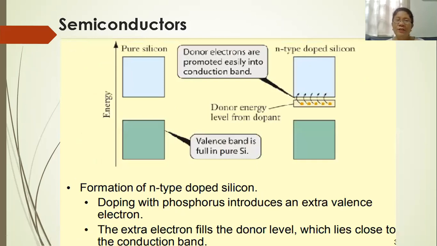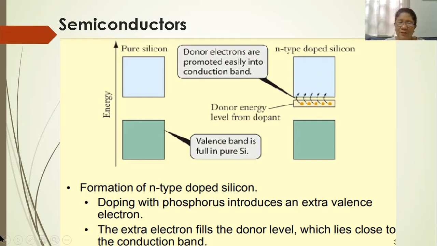Looking into this, this is the N-type. Take a look at the N-type. Here, the donor electrons are promoted easily into the conduction band. This is the conduction band and this is the valence band. In the N-type, they are promoted to the conduction band.